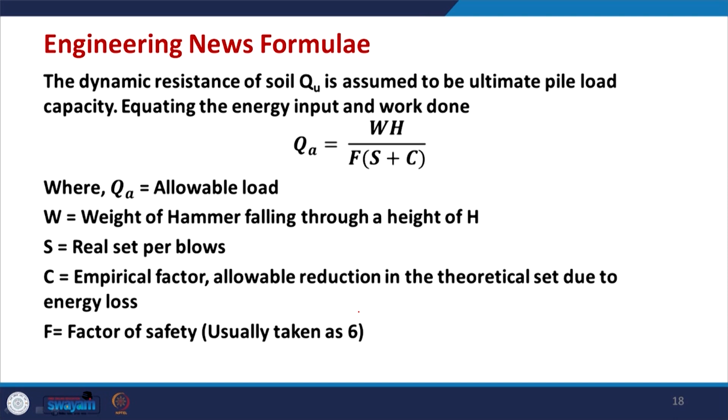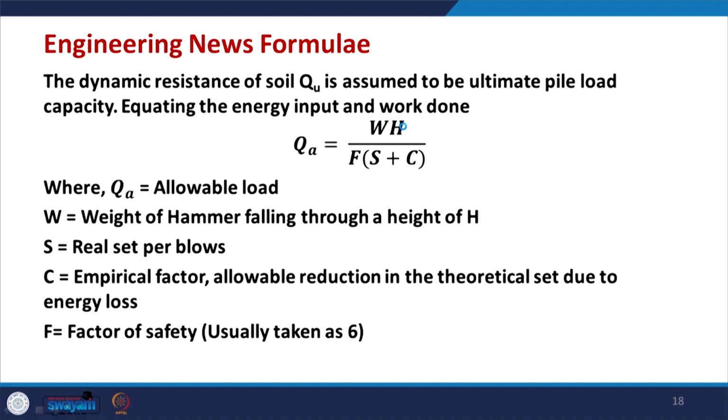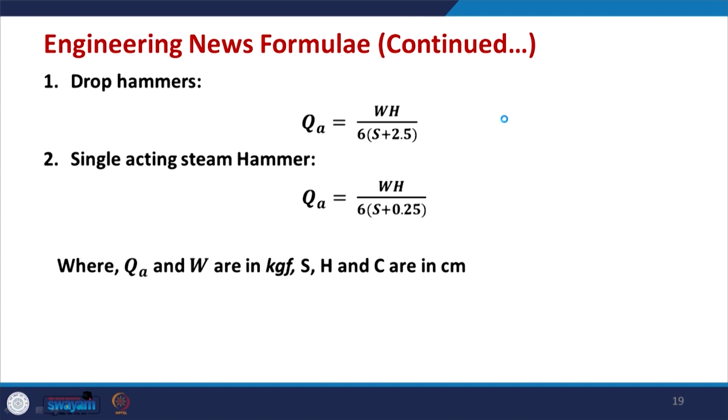So, using this you can find the allowable load, where H, S and C all three should be in the same units, okay, and the allowable load is found in the units used for W. Then continue with this. The engineering news formula which we have shown in this equation is derived separately for drop hammers and for single acting steam hammers.